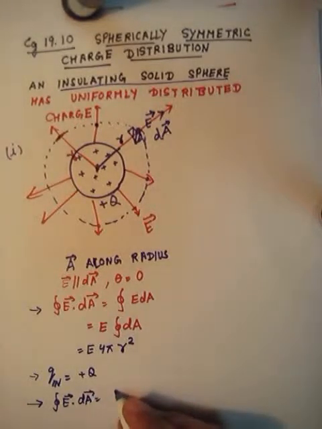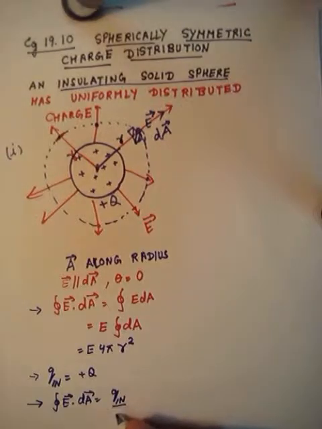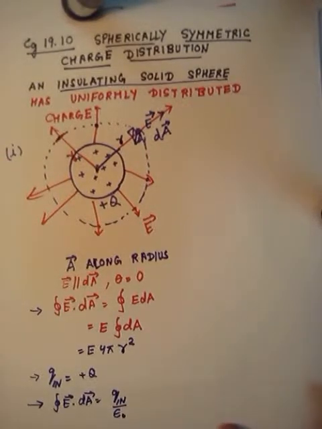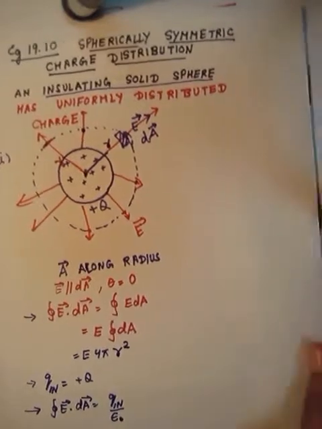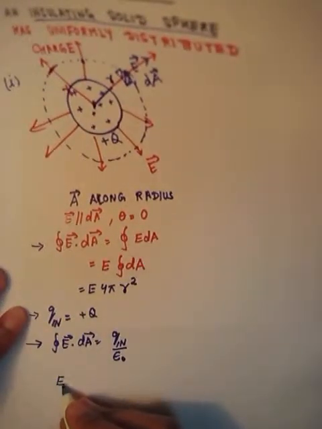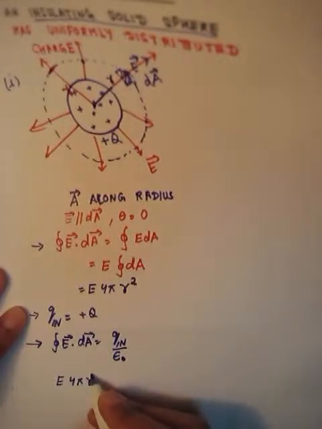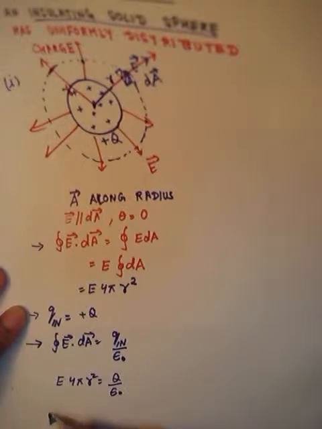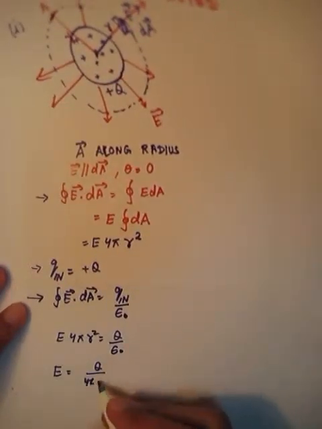It will be charge enclosed by epsilon naught, so E into 4 pi r square equals Q upon epsilon naught, or E is equal to Q upon 4 pi epsilon naught r square.